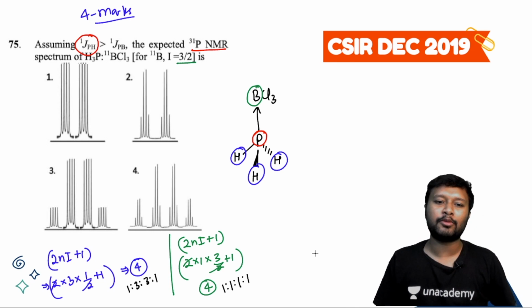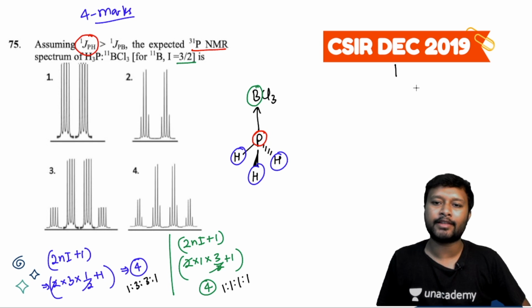So how is my peak actually going to look? First of all, this is your phosphorus peak coming singly like this. First, your hydrogen has split that into 4 lines. The central ones are bigger and the two outer ones are smaller, because they are in the ratio 1:3:3:1.